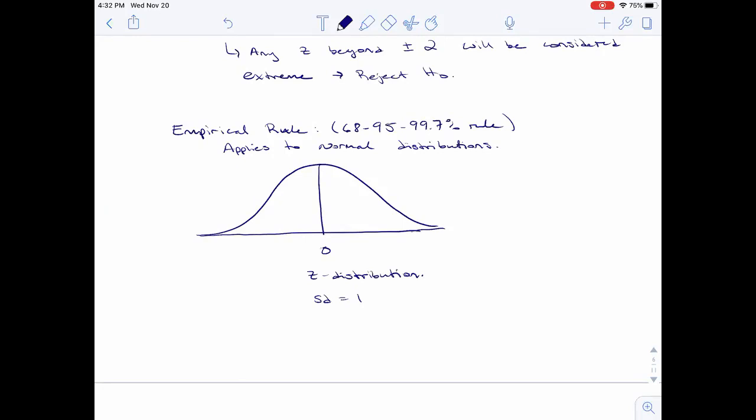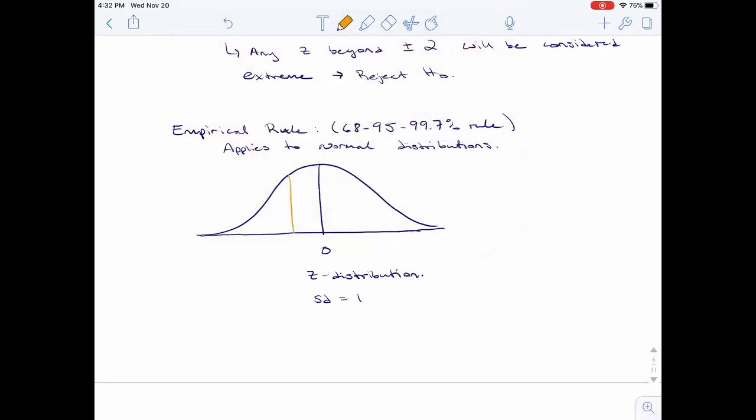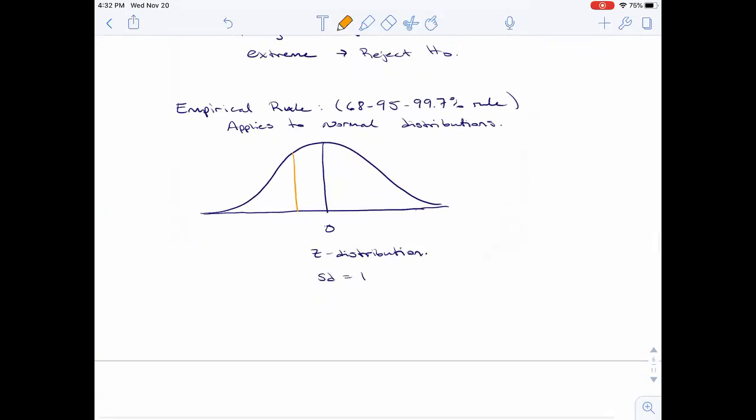And so here, I'll use -1 and 1. This area here is 68%.